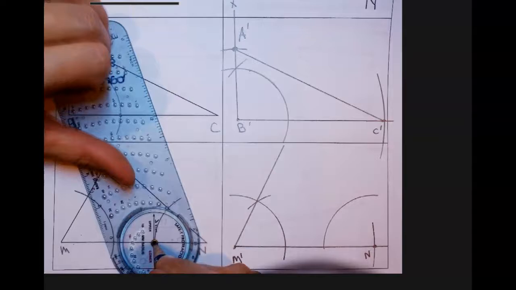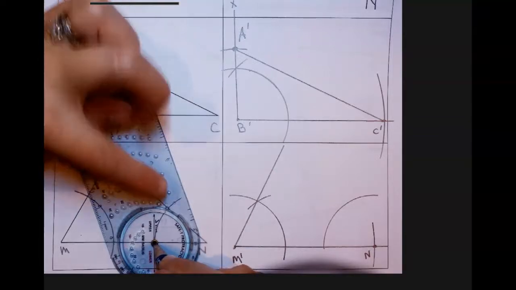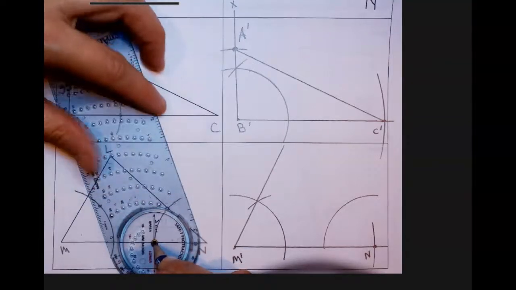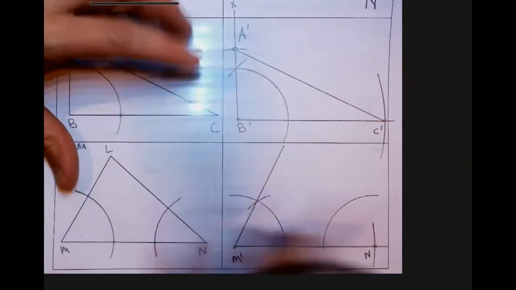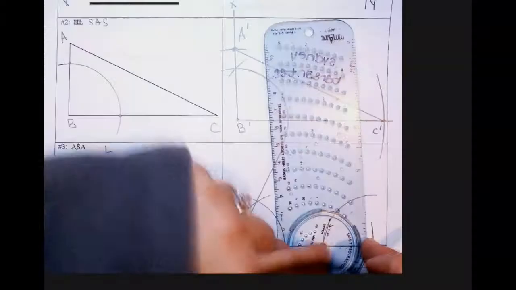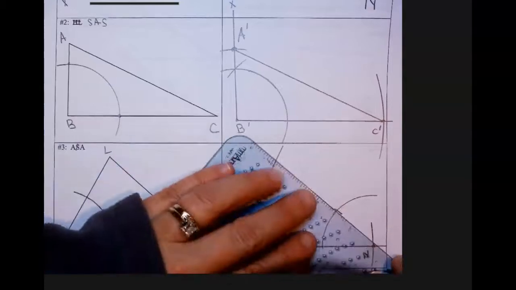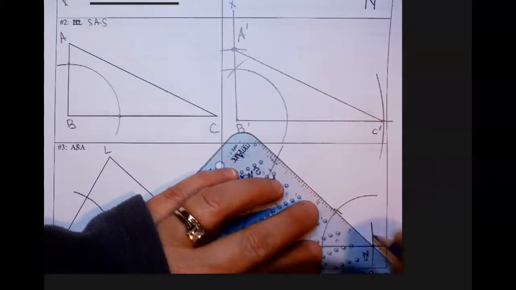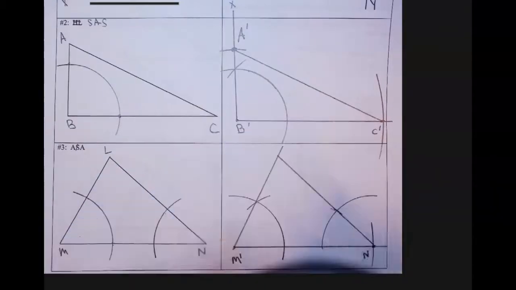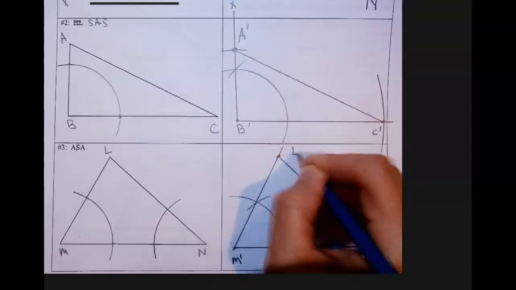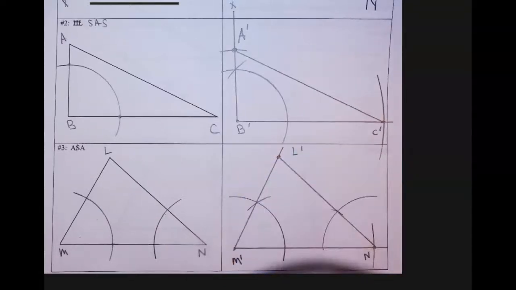It looks like it is pretty close to, I believe that would be a 21. So we're going to go all the way over here, place that in that 21, and make an arc. And here is that second angle that we copied. So finally, there is L. Do the best you can.